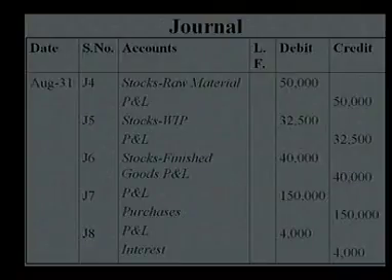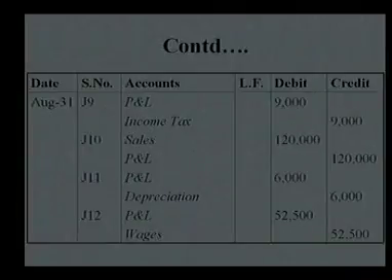Now you will find that there are some more entries, for example, related to income tax, related to sales, related to depreciation and related to wages. Now these are posted according to the convention that we have adopted. Increase in expenses is to be recorded on the debit side, increase in liability is to be recorded under the credit side.